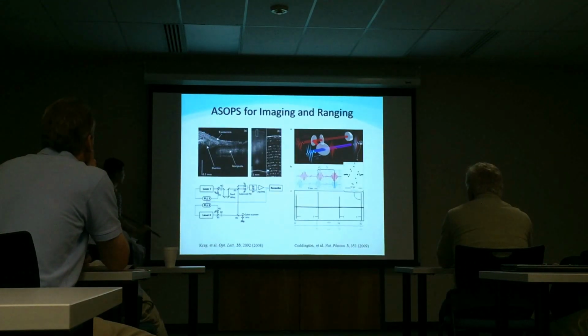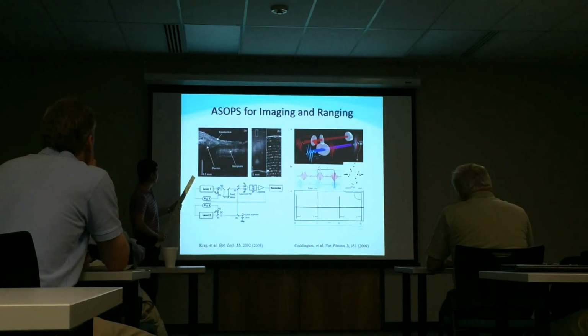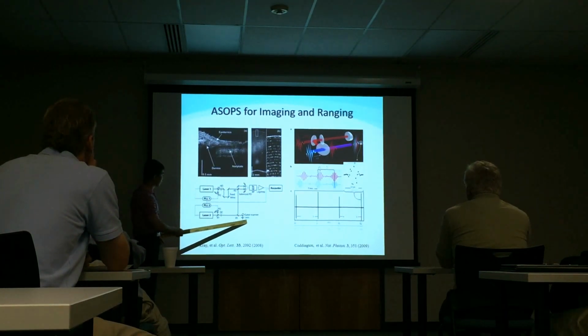Now these are some other applications of ASOPS. For example, you can do tomographic imaging. Okay, and so this is a system. It's basically 2 lasers. Okay, and this is your sample. And essentially, the tomographic imaging, and we'll talk about that in a little more detail later, is basically you probe the response from the, it's like a reflectometry, right?